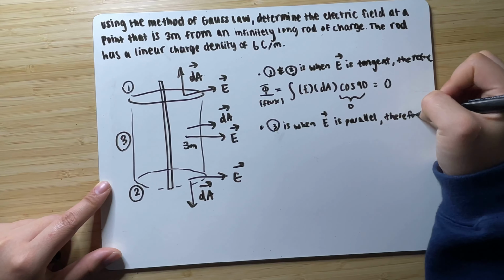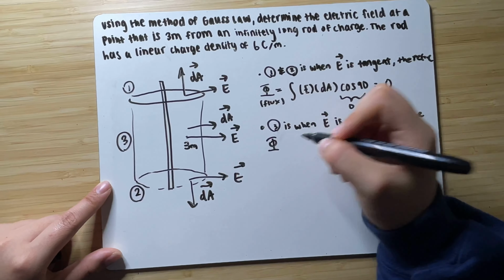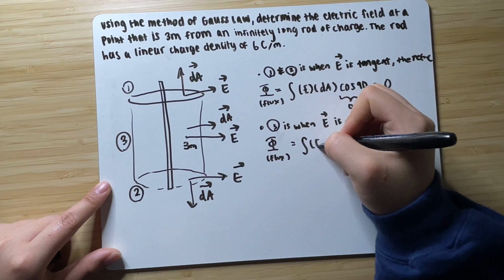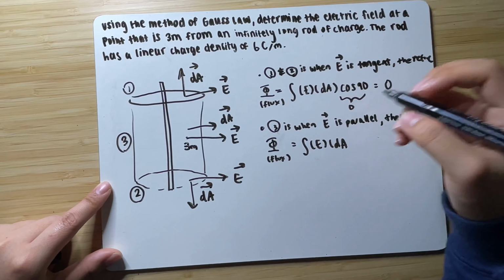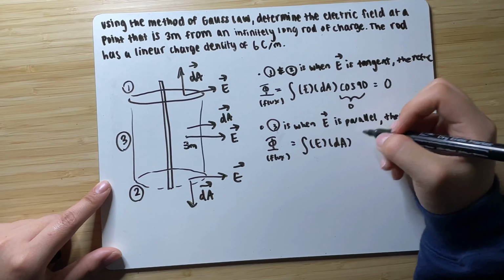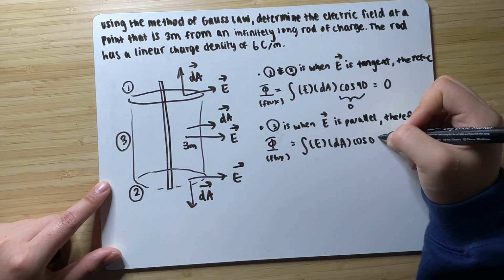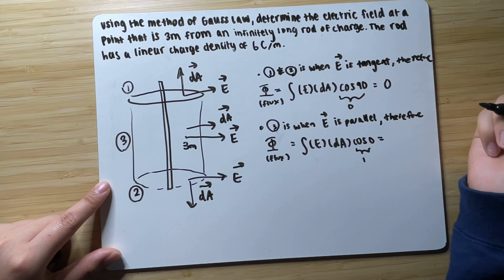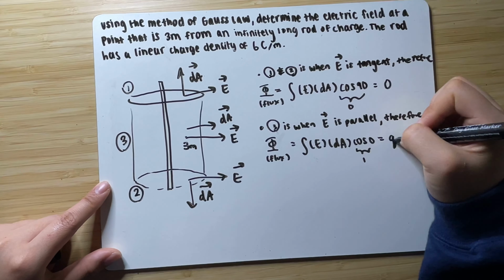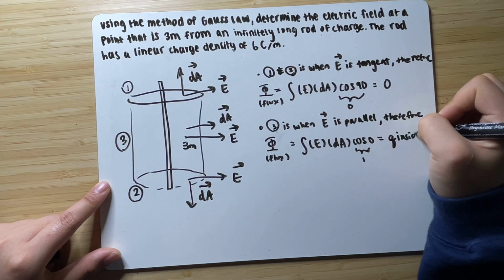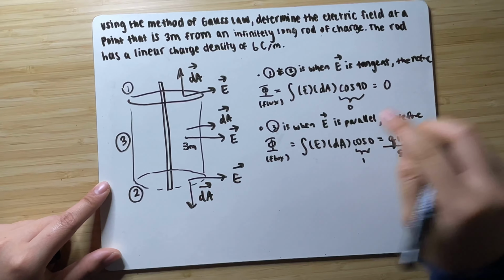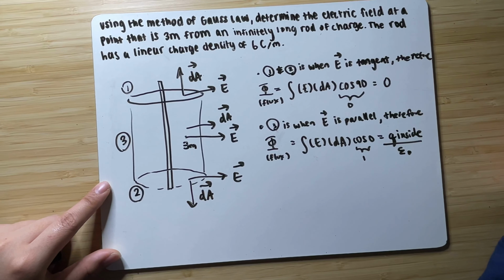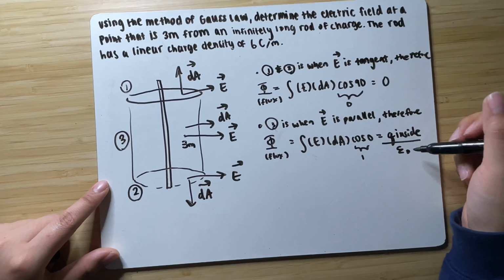Therefore, phi for flux is going to be equal to E times dA. But instead of cosine 90, because this was for tangent, it's going to be cosine 0, which is 1. Therefore, it's going to be the same thing as saying we're trying to find the charge inside over epsilon naught, because it's basically just the surface area times the electric field. Okay. And epsilon naught is just a constant, the electric constant.